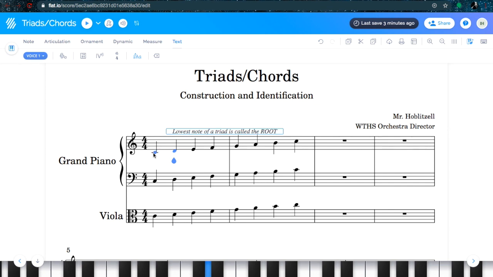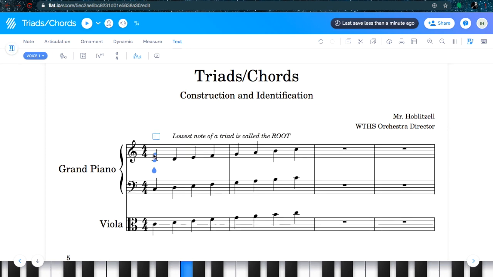So if we started on C, we're in C major, right? We go over here, and I'm going to put C as my lowest note. I'll make it a whole note. Okay. And then what we're going to do is go a third above C. Now we've talked about that.